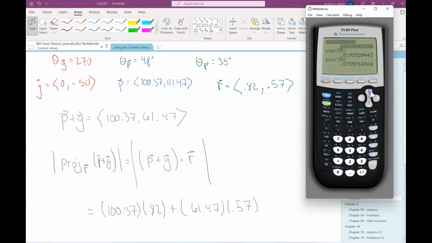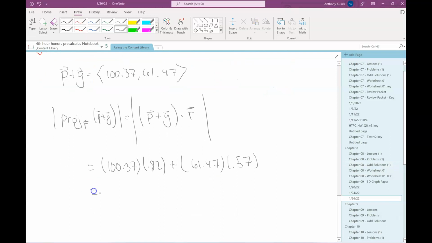Let's see, so I need this one times this one plus this one minus 50. I'm going to stick that in parentheses rather than doing the 61 in there, times this stuff. And I get 117.47. Up the ramp.